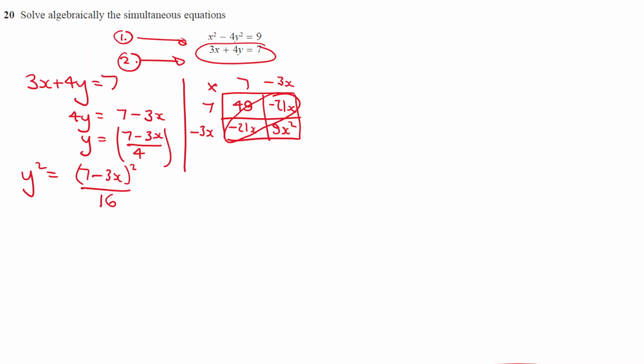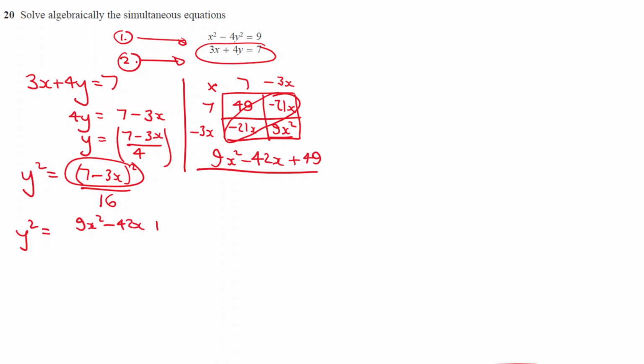Collecting the x terms, and writing from the highest power of x first, I get 9x squared minus 42x plus 49. So my y squared equals 7 minus 3x all squared, which is 9x squared minus 42x plus 49 all over 16.